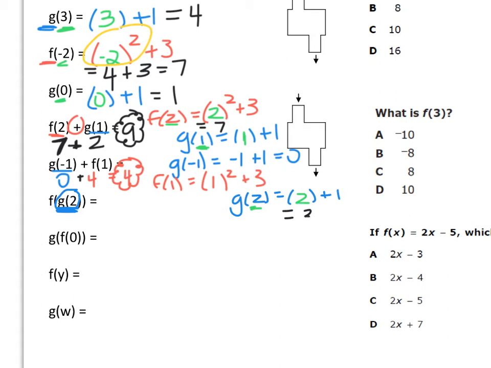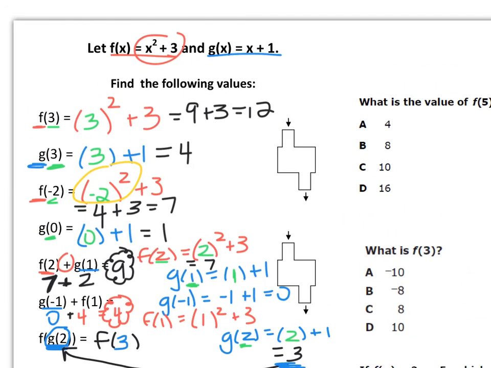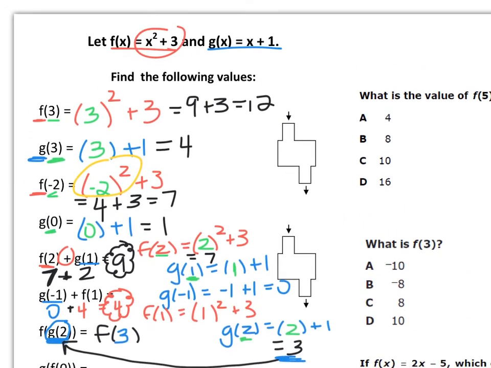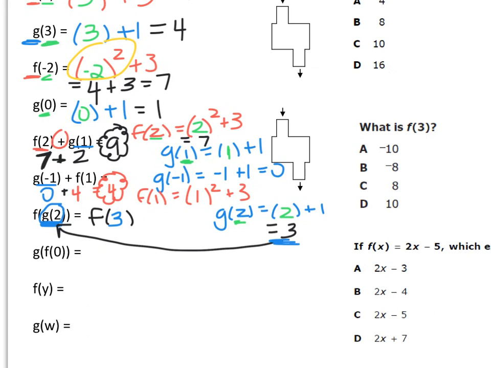And 2 plus 1 is 3. And so what I'm going to do is take that 3 and now put it inside instead of g of 2. So this is going to become f of, we just found, 3. And if I scroll back up here, did we already find what f of 3 was? Yes. So that's going to be 12.